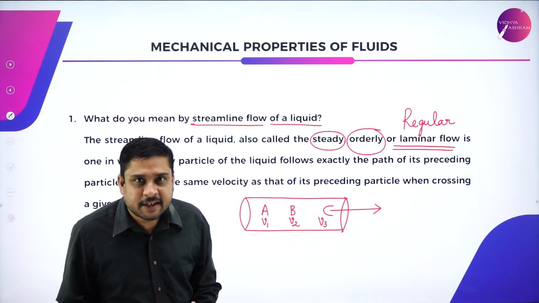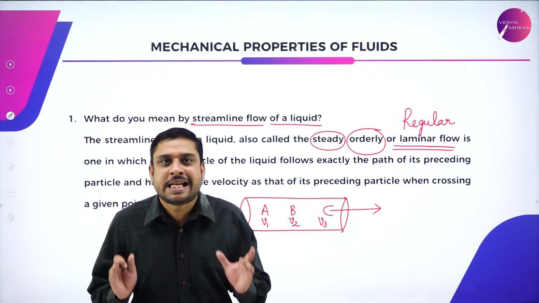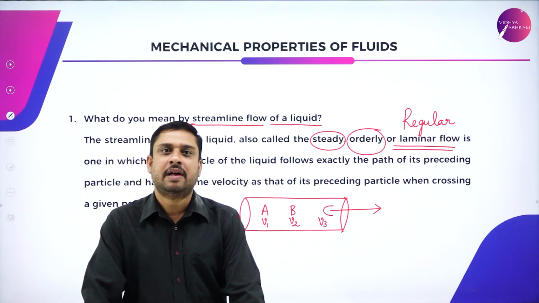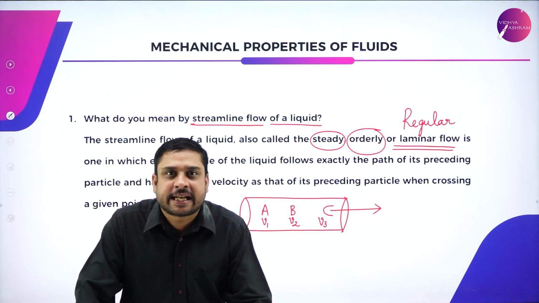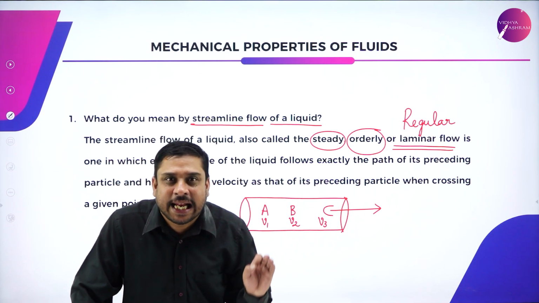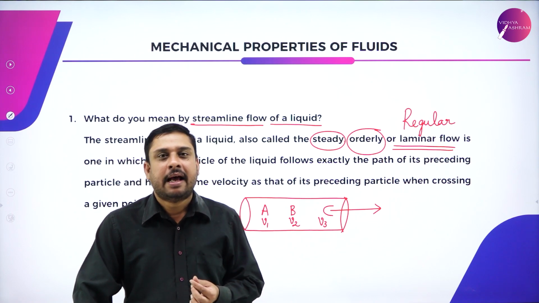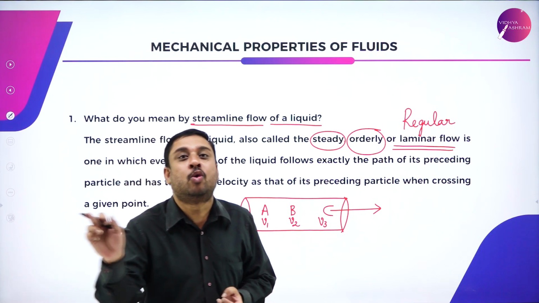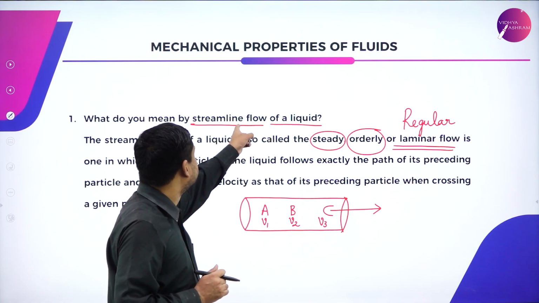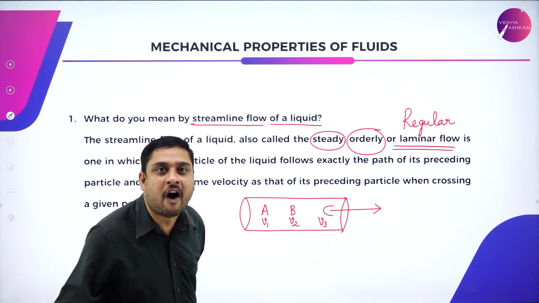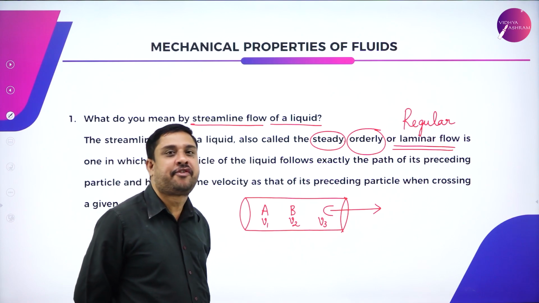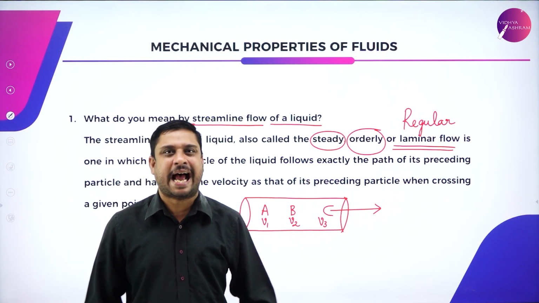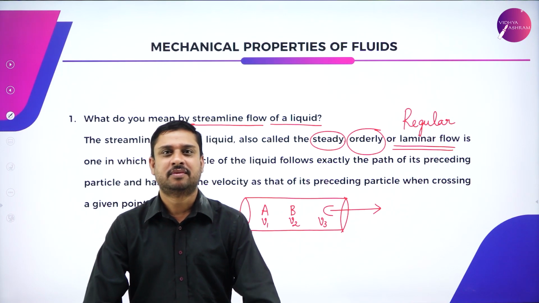And here, if the motion happens such that any particle of the liquid has the same velocity throughout its flow, such a flow is called streamline flow. Streamline, disciplined, channelized flow.